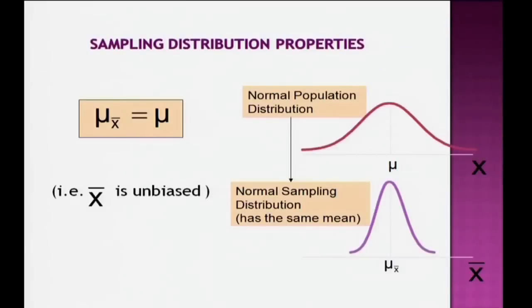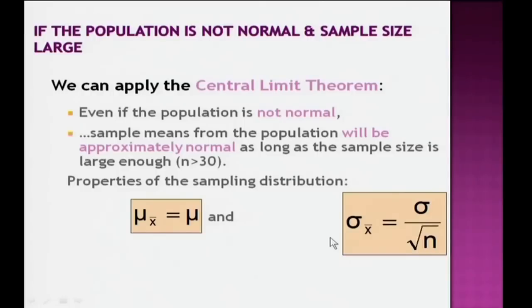Then we have certain sampling distribution properties. Like we were saying, if the population is normal, then automatically the sample selected from the population would also be normal, and hence the standard error would be sigma by root n.